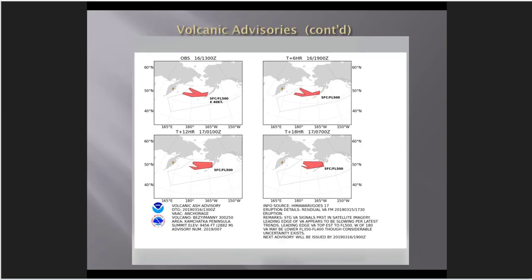So it's slowing down a bit here, which is shown in the synoptic setting, the weakening of the winds as the plume progressed eastward. This is at 13Z on the 16th, and you can see it's probably getting well into the Bristol Bay region by 7Z on the 17th.